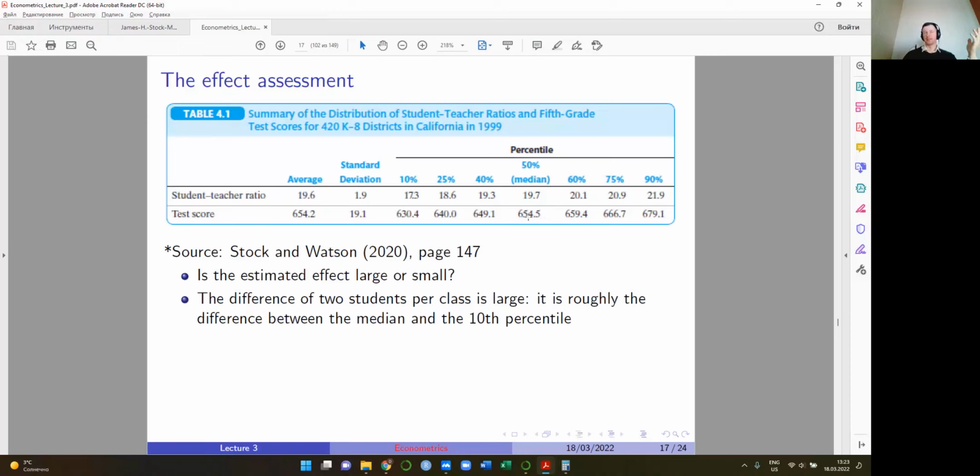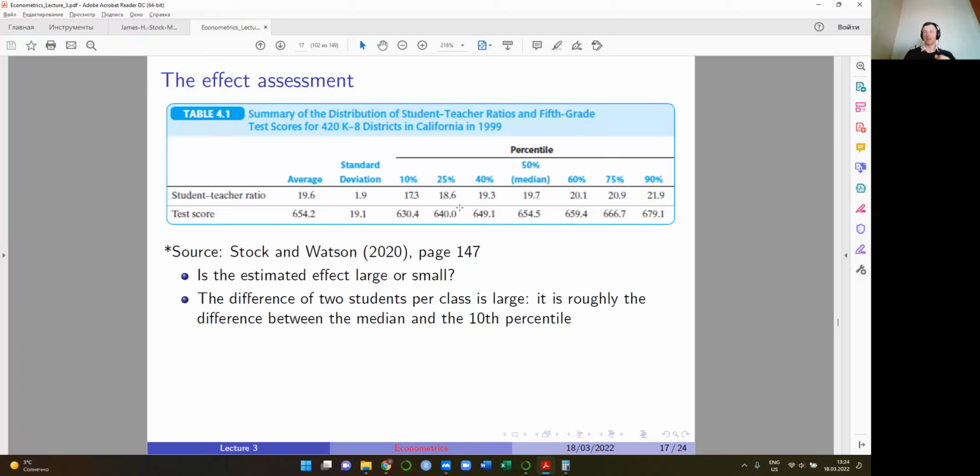It's going to be approximately 650. Where did we get? In the 40th quantile, right? So the improvement of our school is not going to be that large, which means that we are making a large effort relative to the observed data, but the outcome is going to be very small, again, relative to what we see in the data.